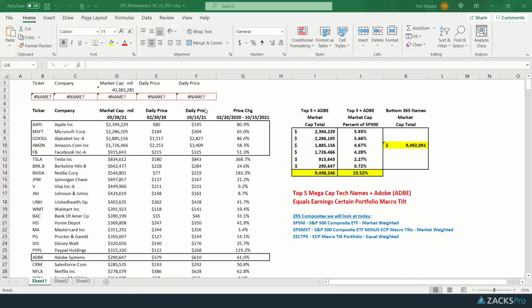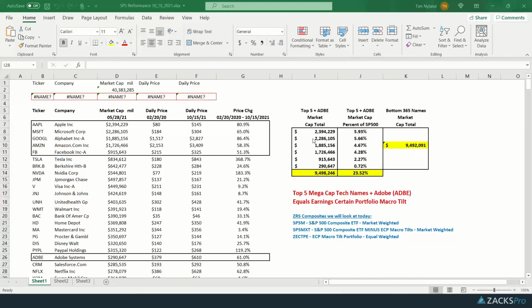Okay, this spreadsheet is compatible with our Z-Link facility out of the Zacks Research System and Advisor Tools. It's the spreadsheet add-in, and this spreadsheet can be made available by request for anyone that wants it. You'll also note here that the bottom 365 names in total market cap equal roughly $9.5 trillion as well.